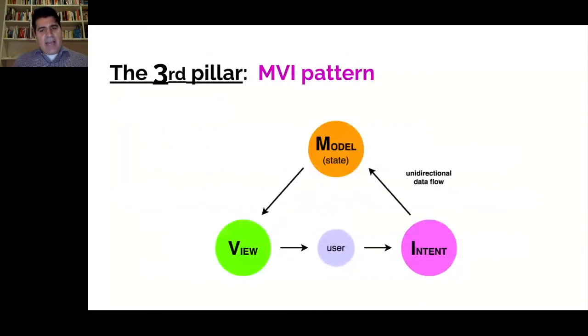MVI is based on unidirectional data flow, so everything in the app follows the same direction, and the app is based on a state owned by the model. The view is not able to change the state directly unless it goes through an intent, following the unidirectional data flow.